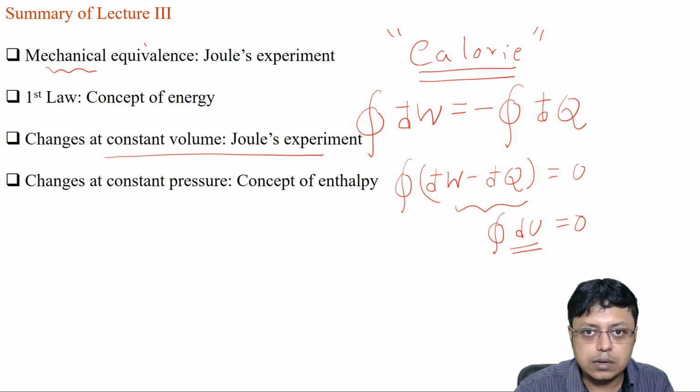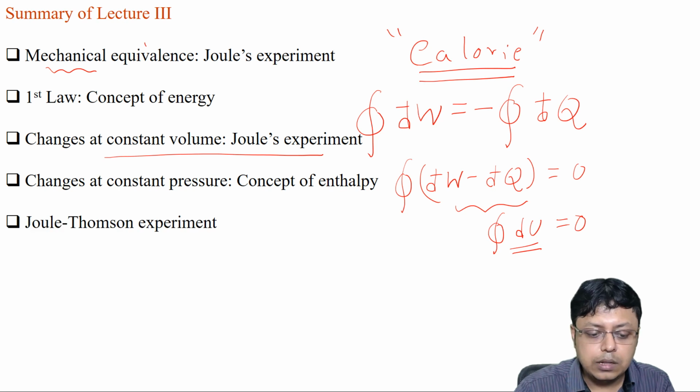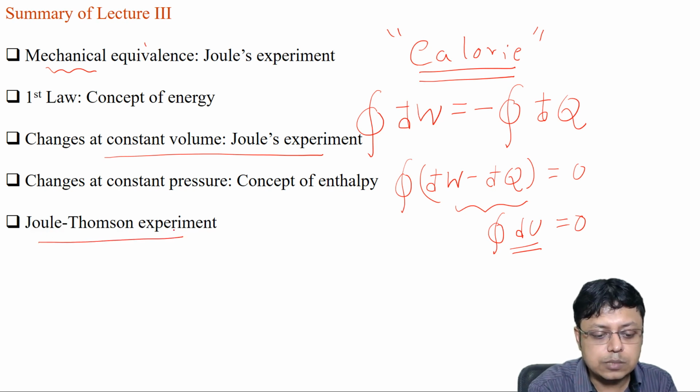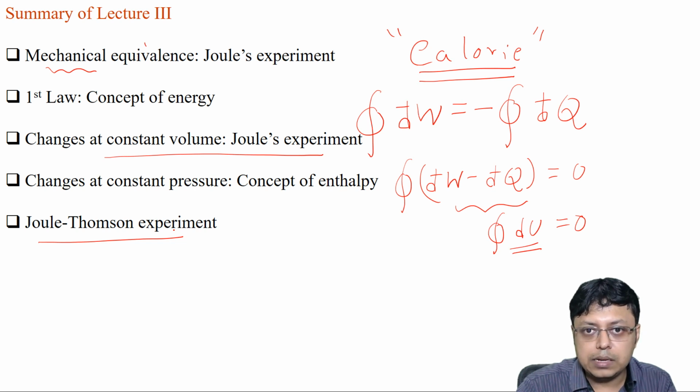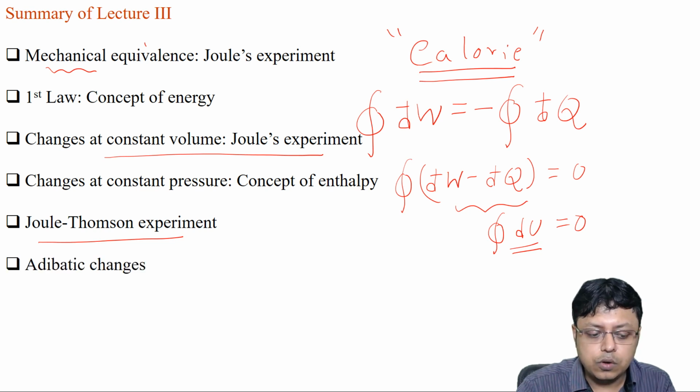There we considered the concept of enthalpy. And just like Joule's experiment, there was another experiment, the Joule-Thomson experiment, where we discussed how to quantify the quantity (del H/del P) at constant T. And we saw that it can be connected to something known as the Joule-Thomson coefficient.